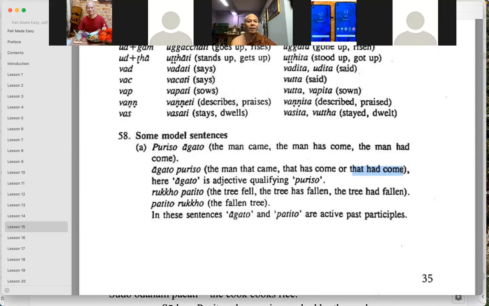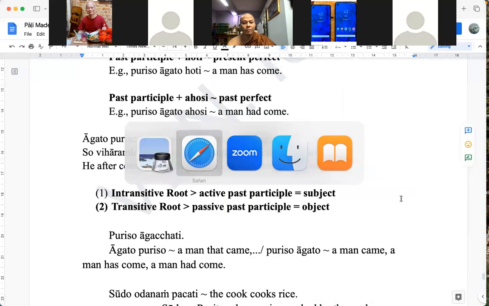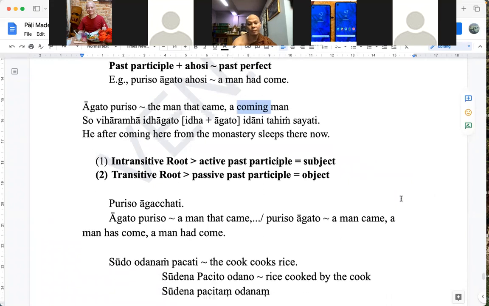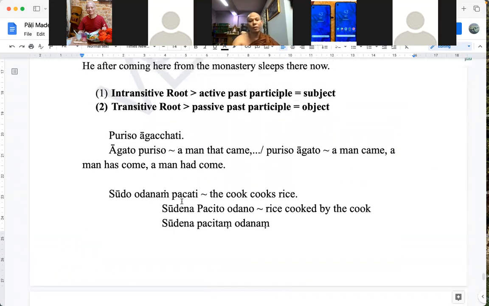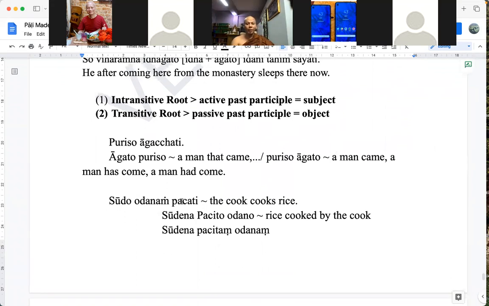What about the word gatehi? Gatehi, can I use it as by going, Viharang gatehi, by going to the monastery? So because of the ehi there, you see. Right.